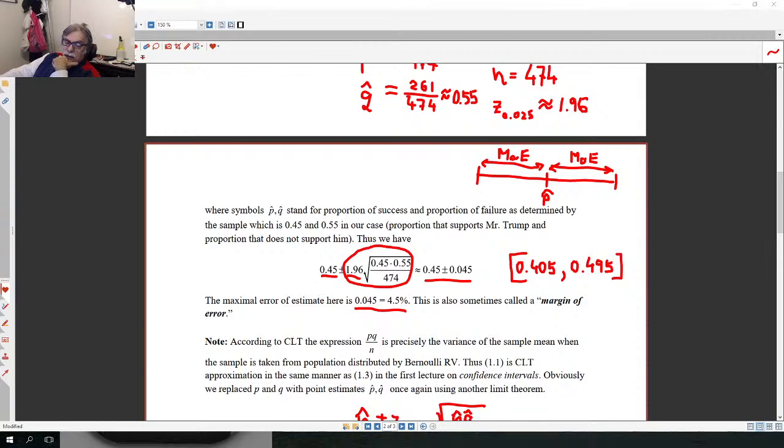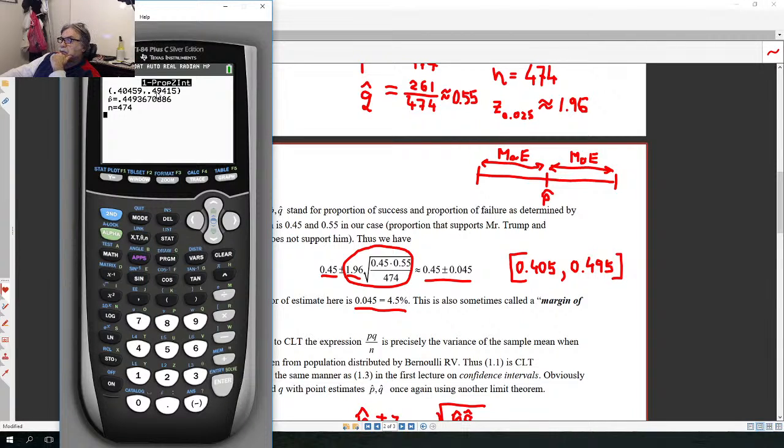So in our case here, what I need to do is subtract this number minus this number. So this is the upper end of the interval minus the point estimate. Or if you like, the point estimate minus the lower end of the interval. Or this minus this and divide by 2, right? This minus this is the double margin of error, so you have to divide by 2. So what I have here is point, oh, now I lost it.